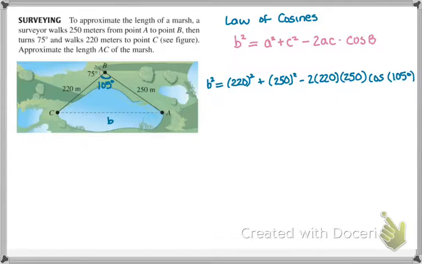And then again, make sure that when you're calculating, your calculator is in degree mode. And so to solve for B, B is already almost isolated. I just have to get rid of that squared. So to get rid of that square, we're just going to take the square root of both sides.